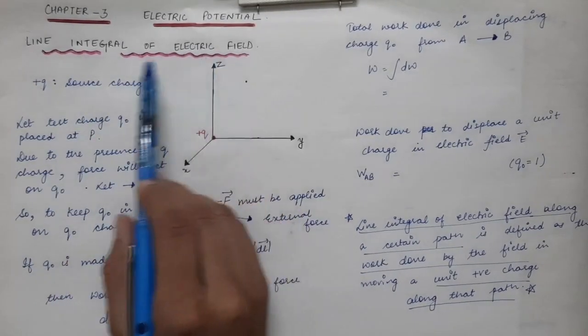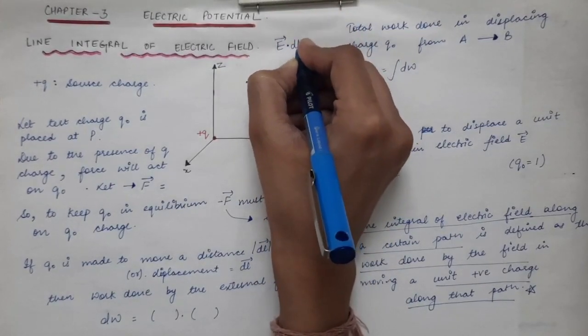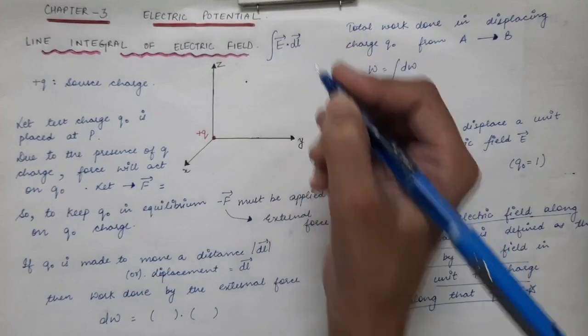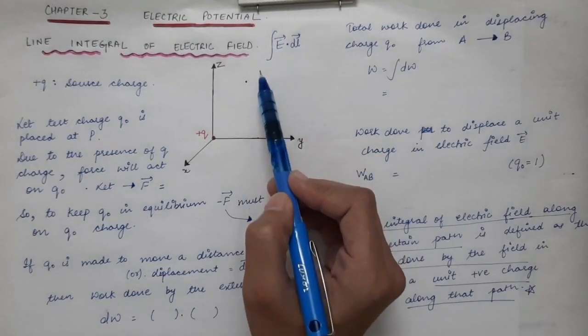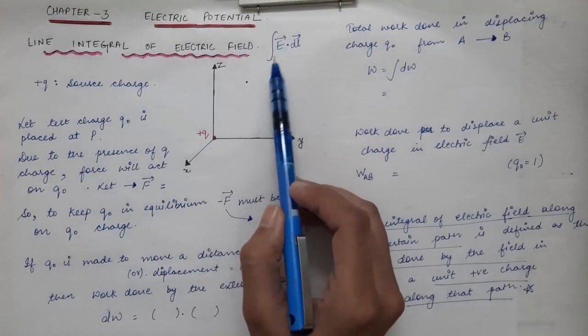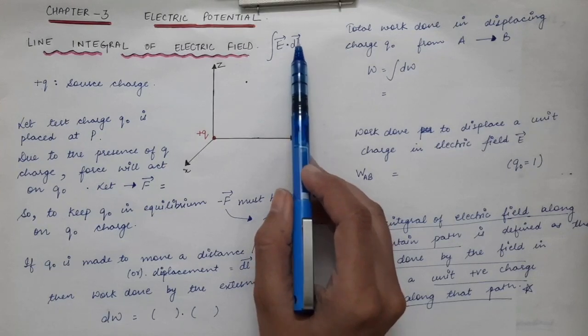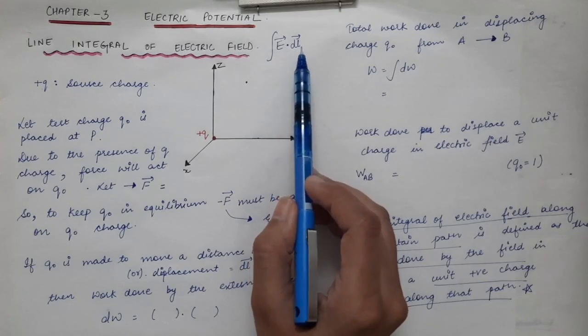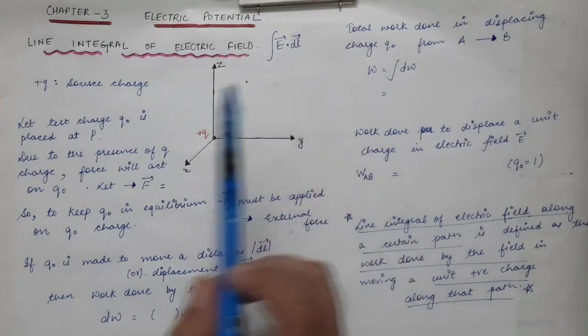The line integral of electric field is nothing but the integration of vector E dot product with dl vector, where dl vector is nothing but the small displacement, the small length element.